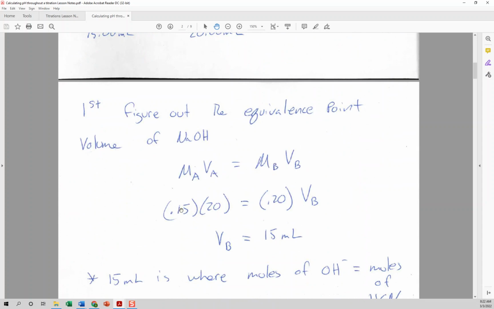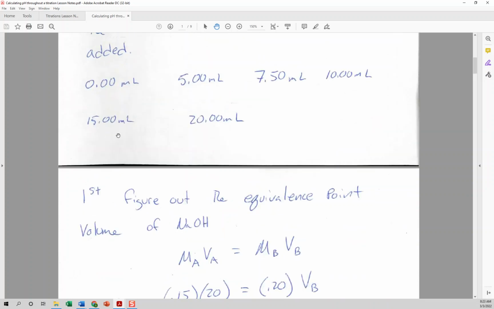So the molarity of the acid times the volume of the acid equals the molarity of the base times the volume of the base. So we solve for the volume of the base required. So 15 milliliters of sodium hydroxide added is going to be my equivalence point. So boom, you know that right there, right? These are the different volumes of NaOH added that we want to calculate the pH in the flask of.